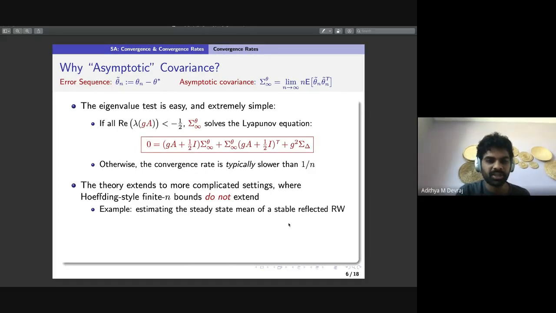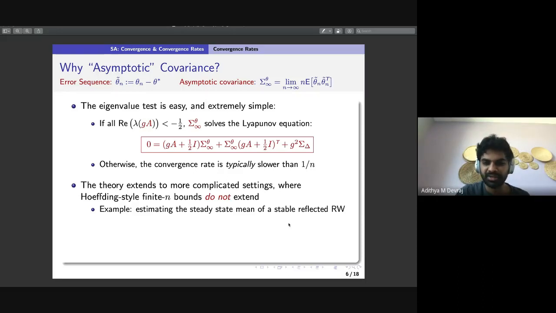Secondly, the theory of this asymptotic covariance extends to much more complicated settings where Hoeffding-style bounds do not extend. One very simple example is in queuing theory, wherein you want to estimate the steady-state mean of a stable reflected random walk.